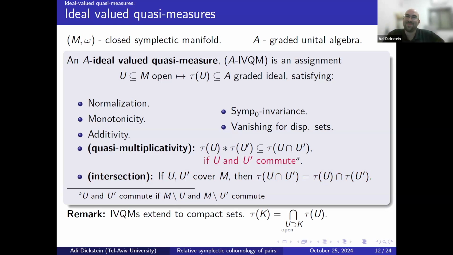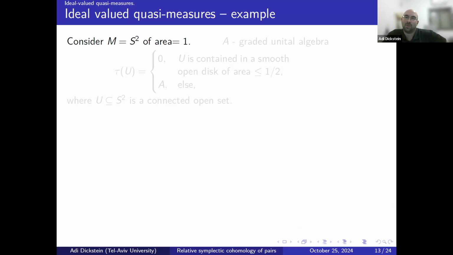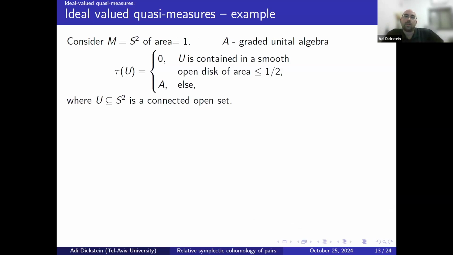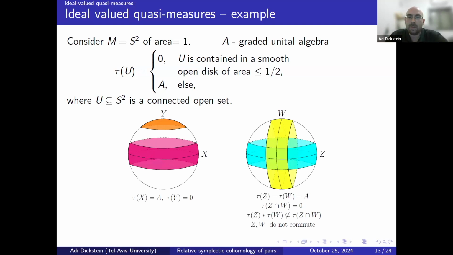Let me give you an example. On the sphere with normalized area, you can take any algebra, and we define an ideal valued quasi-measure on a connected open set U as follows. In the case that U is contained in a small open disk, where small here means of area at most half, the value will be 0, and in any other case the value will be A. So if U is a small disk, then its measure is 0.